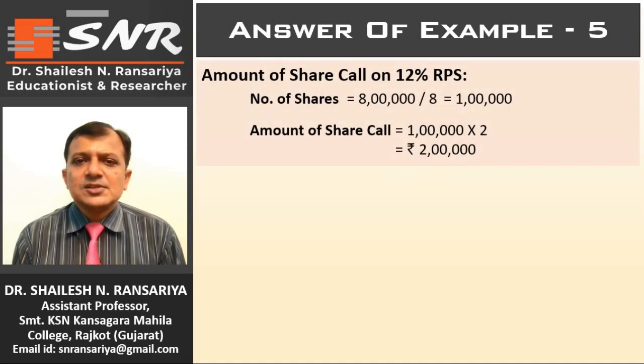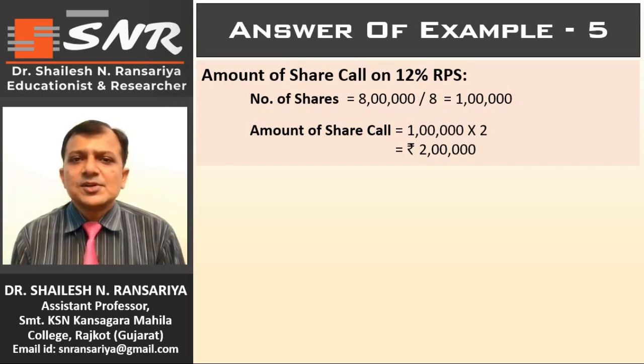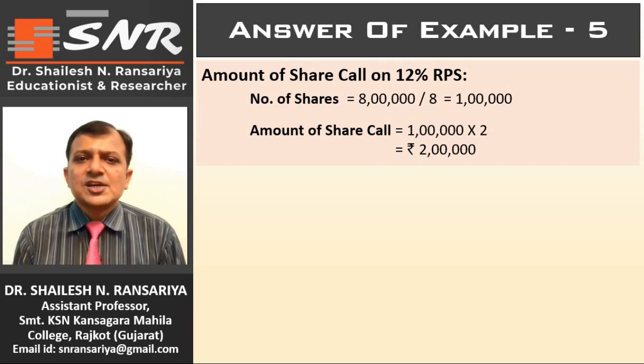First calculation is for the amount of share call. Here 14% preference shares are fully paid up, so it is not required to make a share call on these shares. But 12% RPS are partly paid up. So, amount of share call on 12% RPS: first we have to calculate the number of shares.